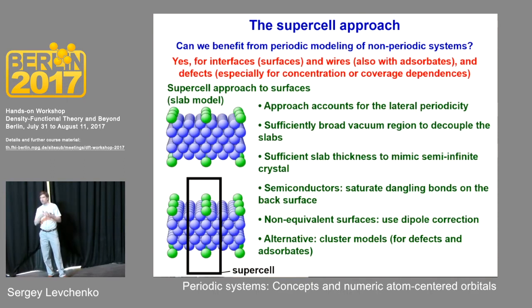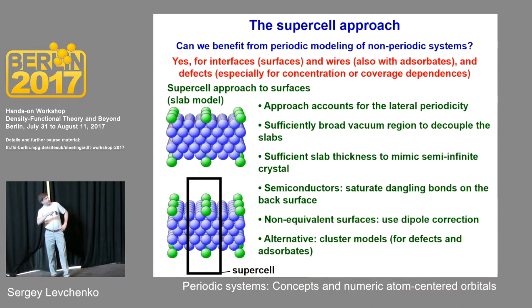For example, localized basis sets allow us to use a larger vacuum region without too much effort. But in plane waves, the cost of calculation grows with the vacuum size. In all cases, you can find some golden middle where the size of the vacuum is large enough, but this should always be tested in calculations.